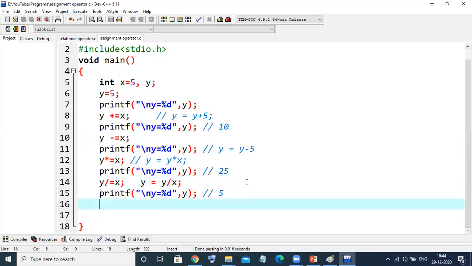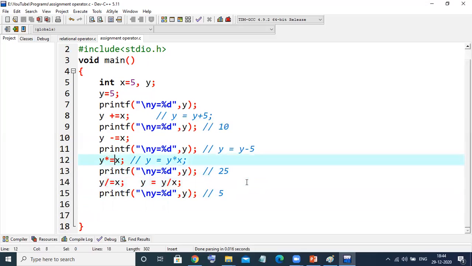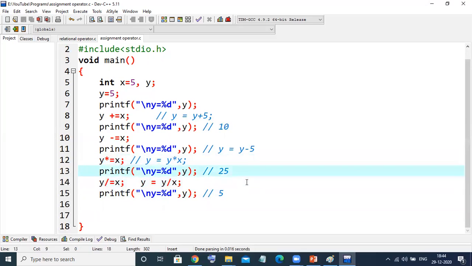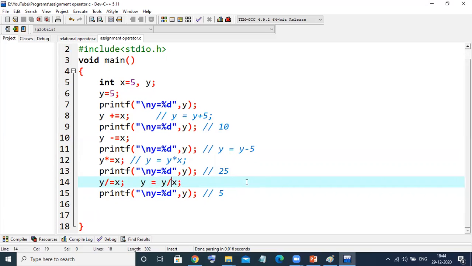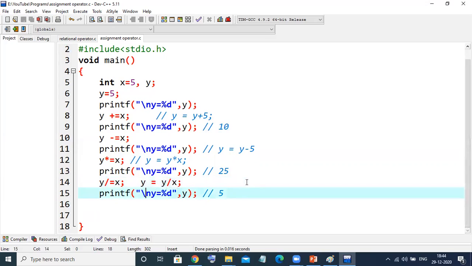Something is missing here. Let's check. y into x is okay, fine. Here y is 25, no? Yes. So y shorthand operator x is y equals to y by x, 25 by 5. How is it printing 1?